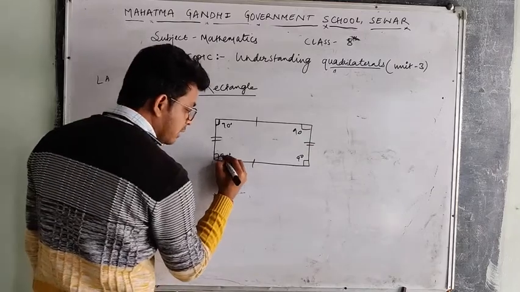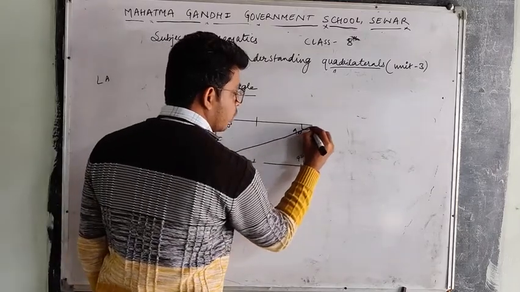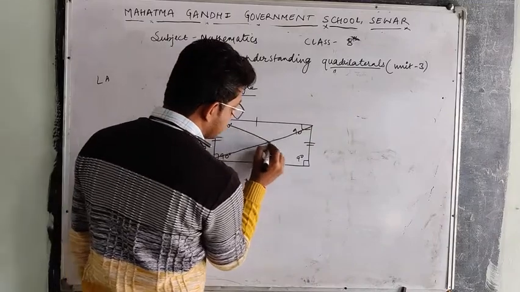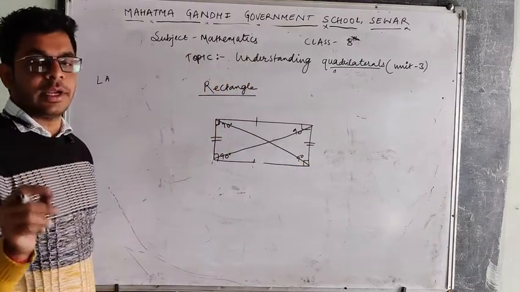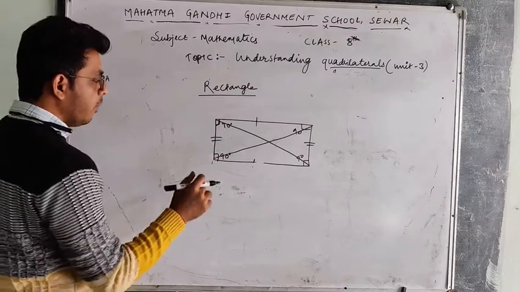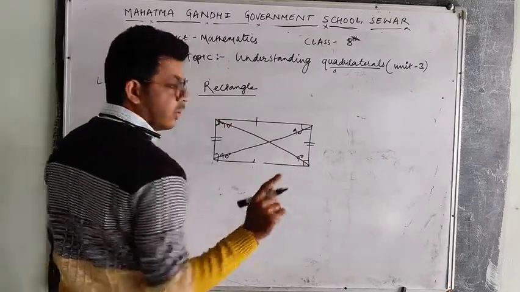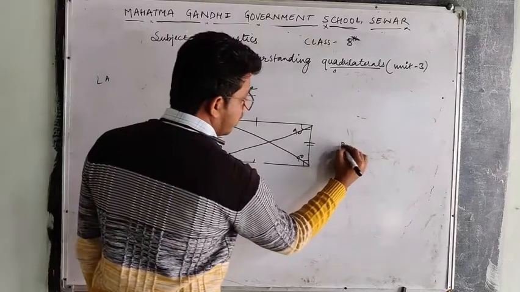And diagonals will not be perpendicular bisectors to each other. They are only perpendicular. They will form 90 degrees only, but will not be perpendicular bisectors.